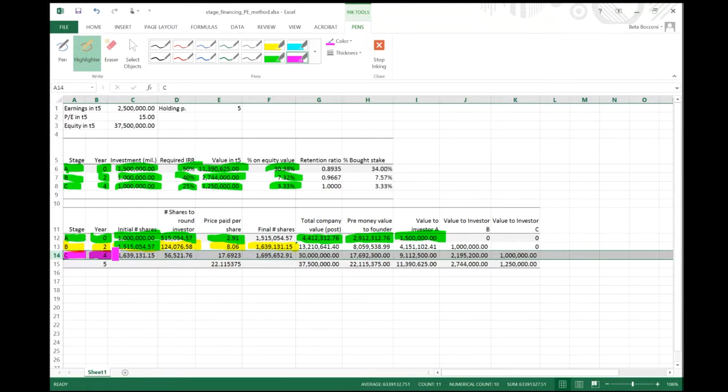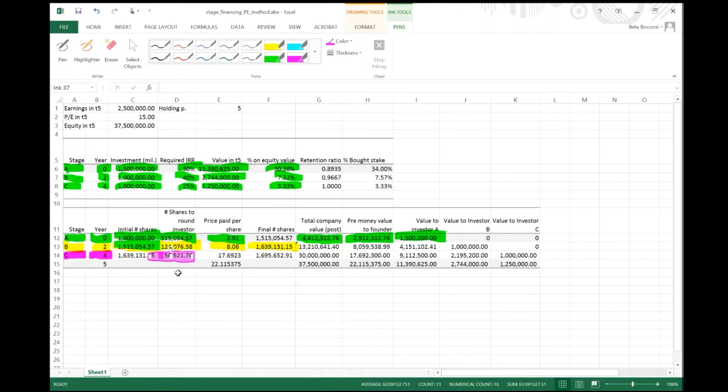The number of shares at the beginning of year number 4 is 1,600,000, composed by the 1,000,000 founders, 515 and 124,000. We know that the number of shares purchased by investor C is 56,000. We know that the price paid is 17.69.